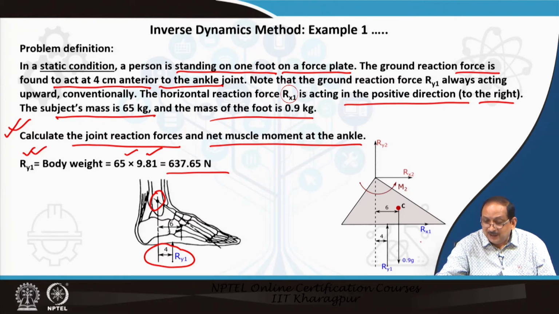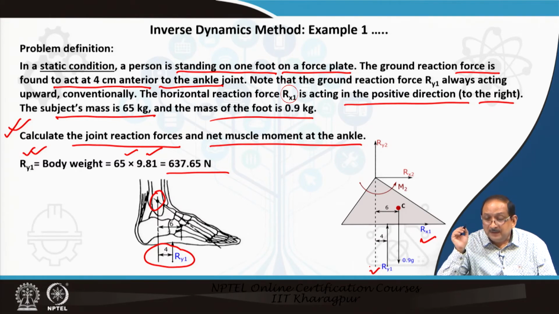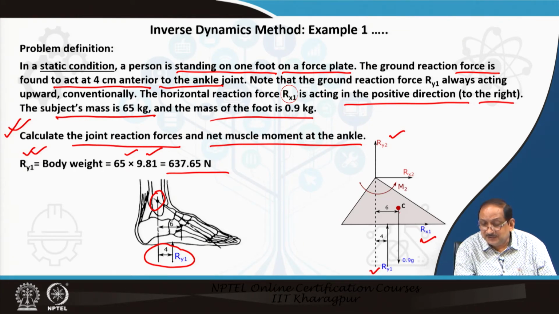As you can see, the Rx1 is actually acting in the positive direction towards right, Ry1 is vertically upwards, the C is the center of mass of the foot through which the body weight is acting, and it is acting 6 centimeter from the line of action of Ry2, the reaction force at the ankle joint center.